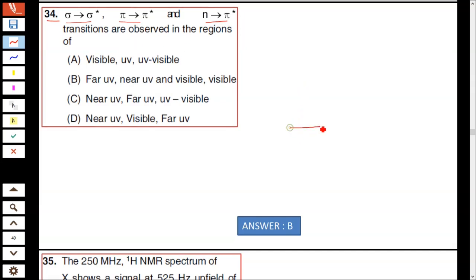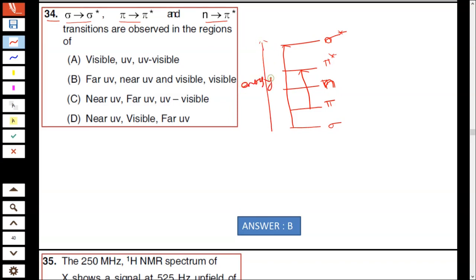Here they have given 3 transitions: sigma to sigma star, pi to pi star, and the third one is n to pi star. So these 3 transitions occur, each with a different energy.